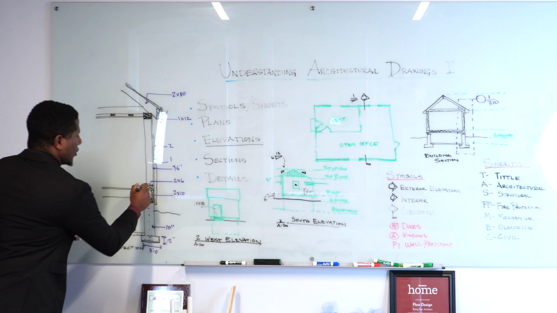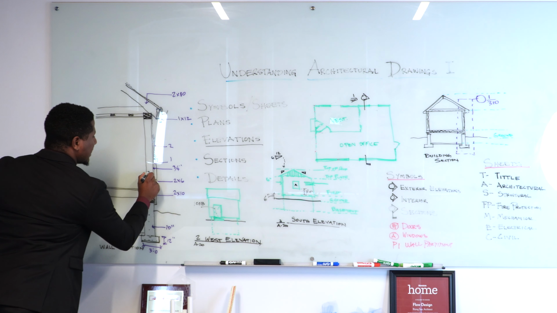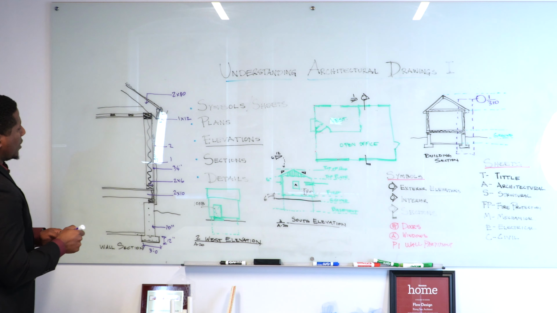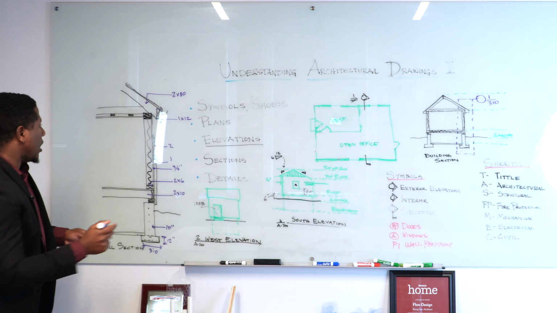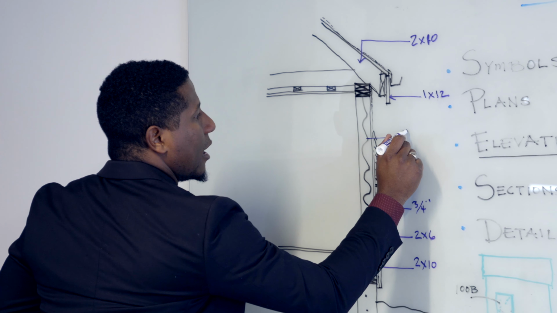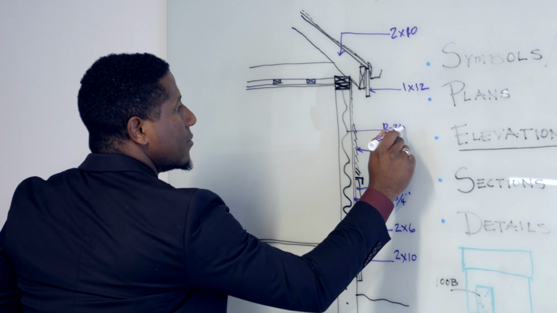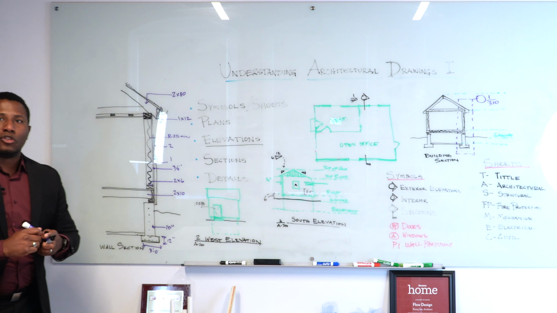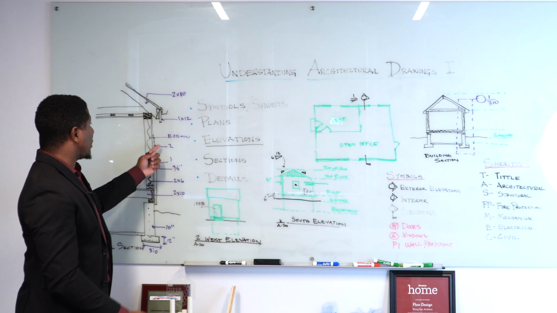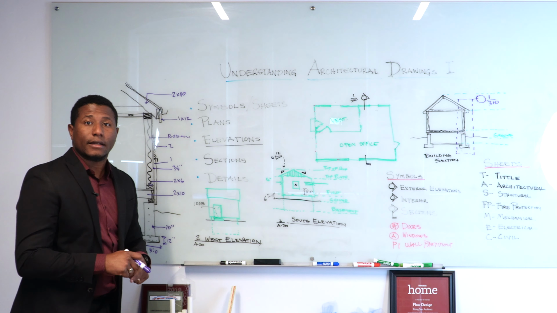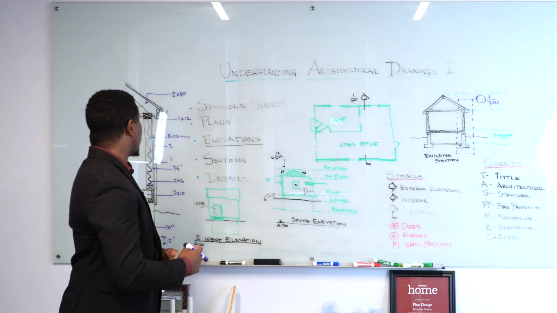You can see the insulation here. Now you can see them with more detail. And you can say, oh, wow, this insulation needs to be minimum, let's say R25, and then you can understand, oh, I need to put an R25 in that wall cavity to be able to meet code.